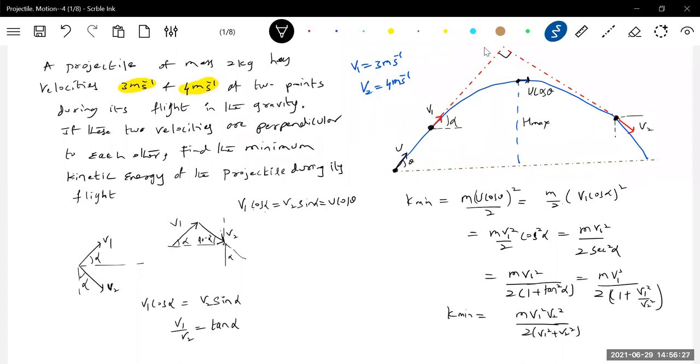Provided V1, V2 must be perpendicular. Substitute this and solve, and you'll get the answer, around 5.7 or 5.8.